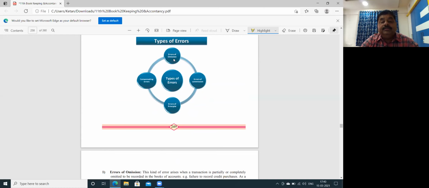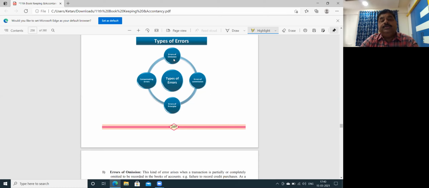Now, omission, there are 2 types of omission. One is called a partial omission. For example, it is given to you that paid commission rupees 500 is not debited to commission account. What do you mean by this statement? That means it is recorded in the cash book, but it is not debited to commission account. What is the entry for commission paid? Commission account debit to cash.